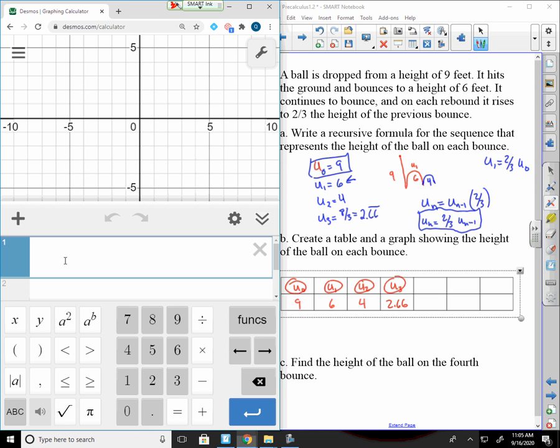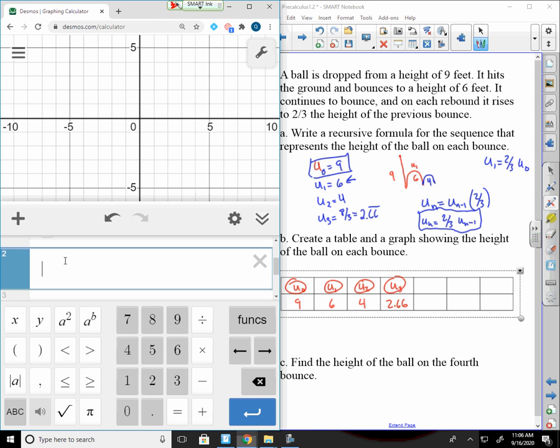So these terms of the sequence relate because U sub 0 is going to be my x, which is just 0. So 0, comma 9. Close my parenthesis. Now I can enter in 1, 6. Two, 4.